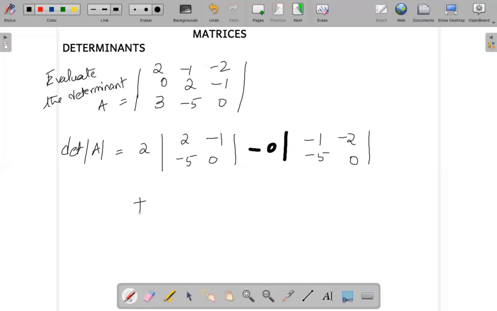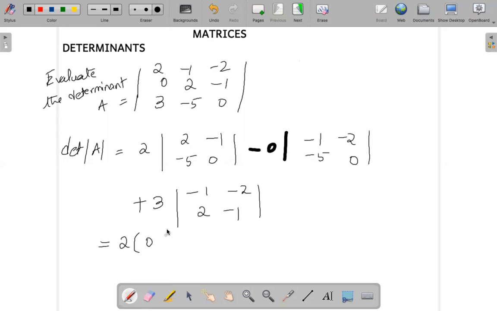And plus 3, minus 1, minus 2, and 2 and minus 1. So we'll consider this, so considering the first column. 0, 0, 0 plus 5, 0.